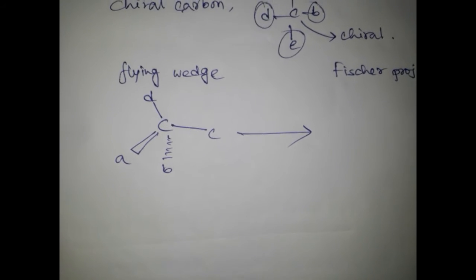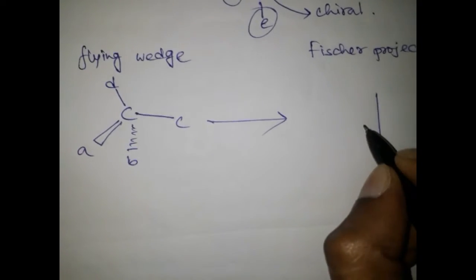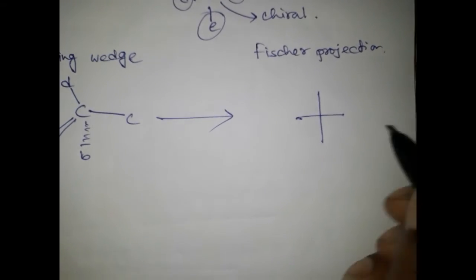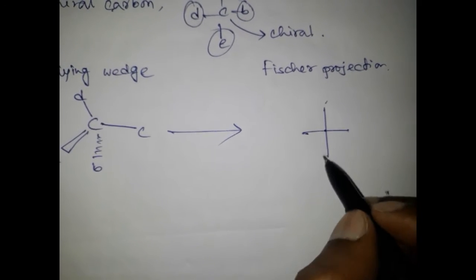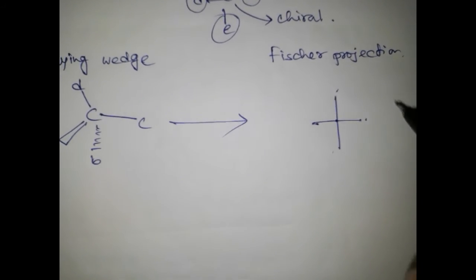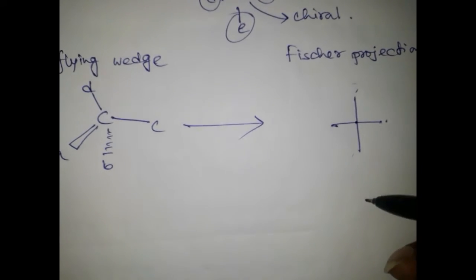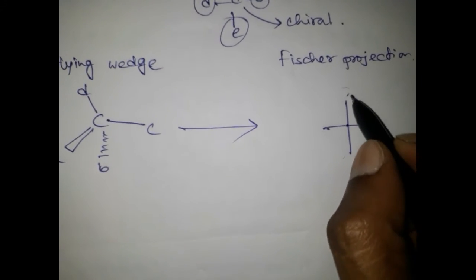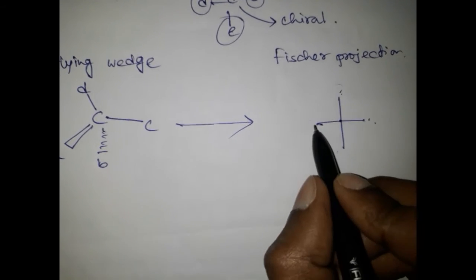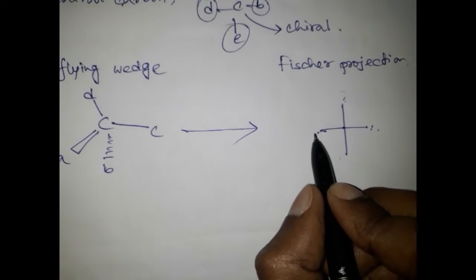In a Fischer projection the center is a carbon atom and the 4 groups are in a fore-hand. We try to keep the longest carbon chain in the vertical position and the most oxidized carbon atom on the top, and these 2 are reserved for the groups or substituents.